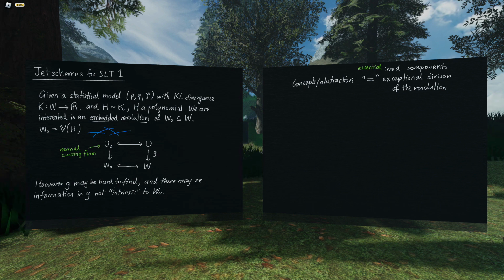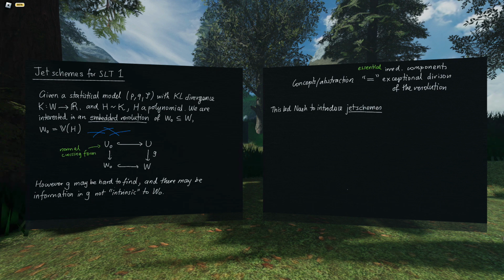This is kind of setting up the motivation for the theory of jet schemes. So Nash was thinking exactly about this problem that we just discussed back in the 60s. Namely the lack of canonicity of the irreducible components of the exceptional divisor of a general resolution.